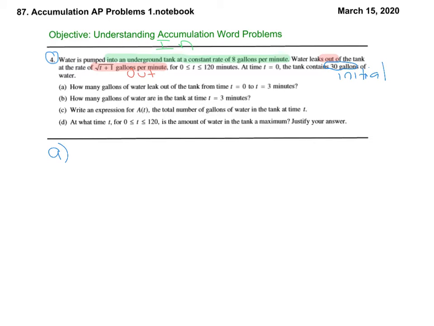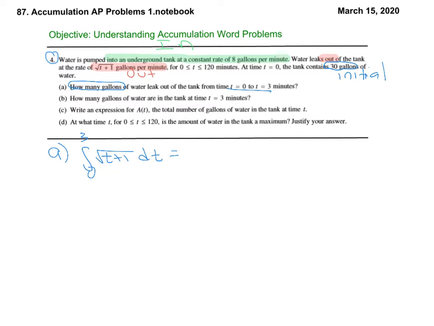How many gallons of water leak out of the tank from 0 to 3? Well, out is this, but that's a rate. We want a total amount. How many gallons? That means we're integrating. So the integral of the square root of t plus 1 dt from 0 to 3. Now, do we need the initial amount? No, all they want to know is how much is going to come out.